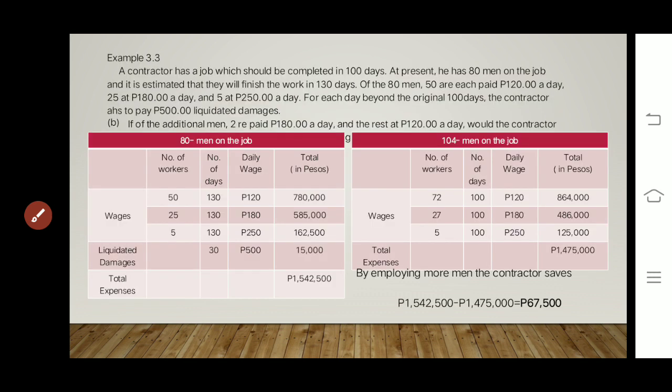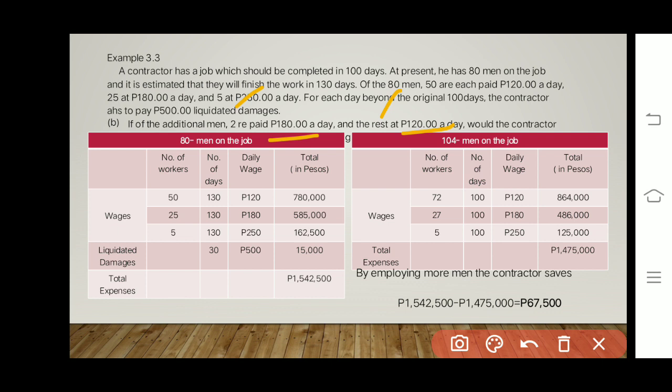So, next question. If of the additional men, 2 are paid at 180 pesos a day and the rest at 120 pesos a day, would the contractor save or lose? Kasi 'di ba may na-conclude natin na kailangan mag-hire ng 24 additional men. So kung dalawa daw doon ay babayaran ng 180 and then yung 22 doon is babayaran ng 120, ano ba yung magiging decision ng contractor?